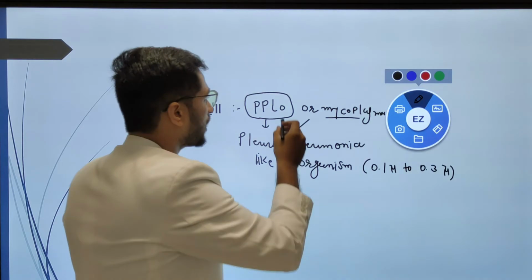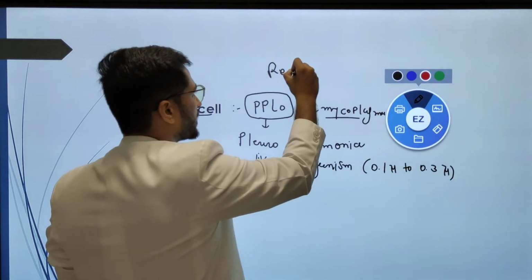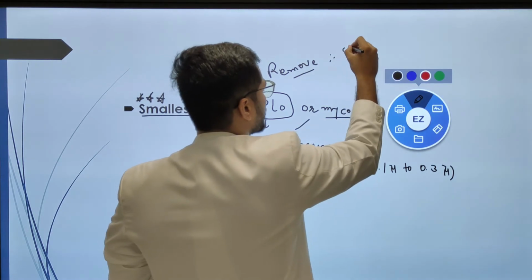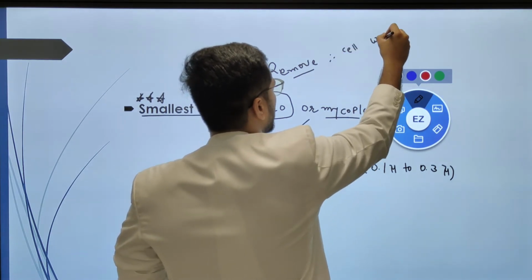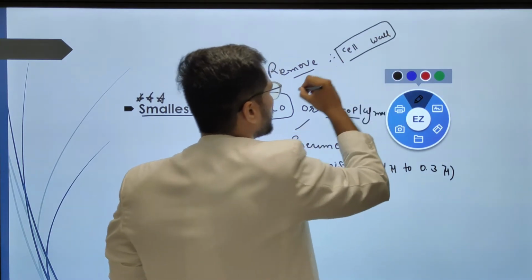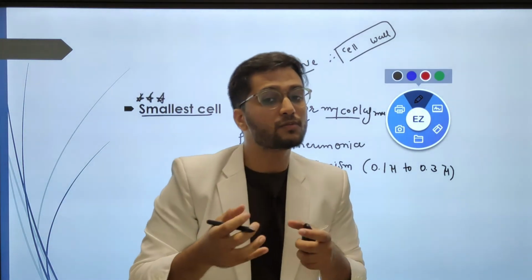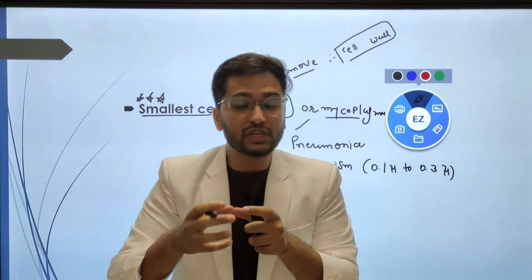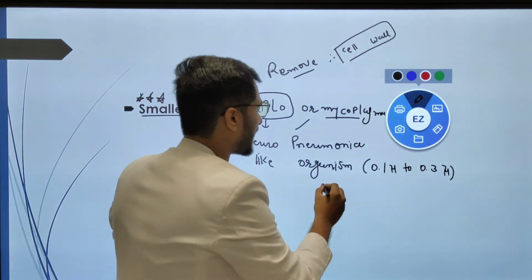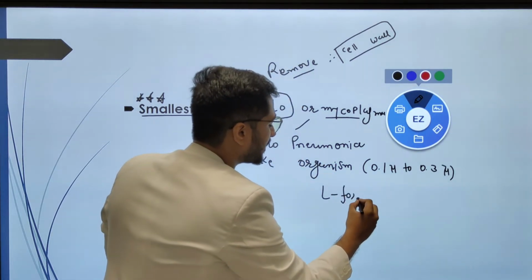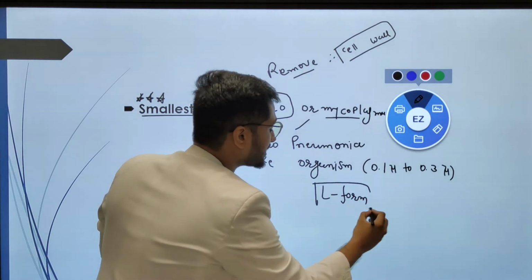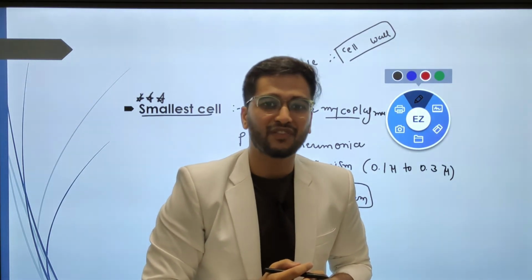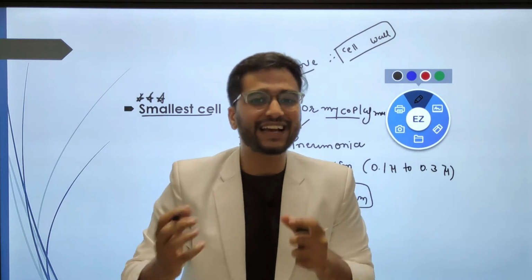Whenever we remove the cell wall and the glycocalyx from the bacterial cell, which also composes a cell wall, artificially in the laboratory, then it is known as the L form, or Lister form. And there are some bacteria which are naturally L form, because they don't have any kind of cell wall.